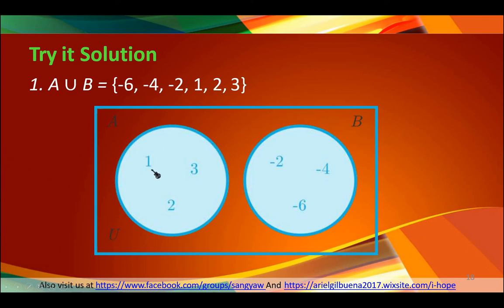So, meron tayong 1, 2, 3, then meron tayong negative 2, negative 4, negative 6. Pwede na naman po magkabalik-baliktad yan. Pero kasi pag sinunod natin, ano ba yung tamang sequence? Siyempre, from lowest to highest. So, unahin natin si negative 6 kasi nga siya yung pinaka-maliit na values. Negative 6, negative 4, negative 2, followed by 1, 2, and 3.